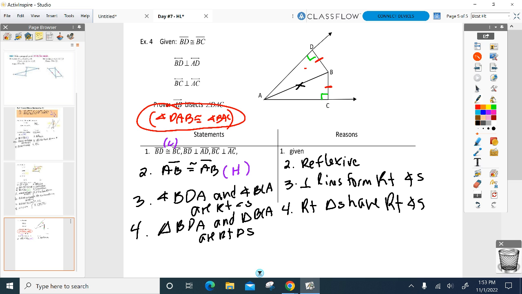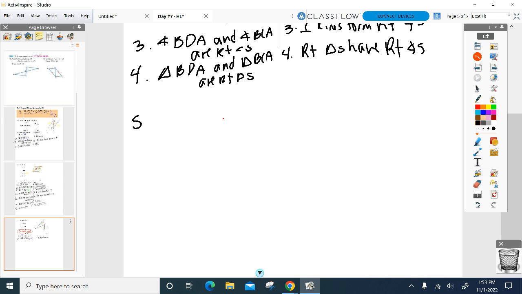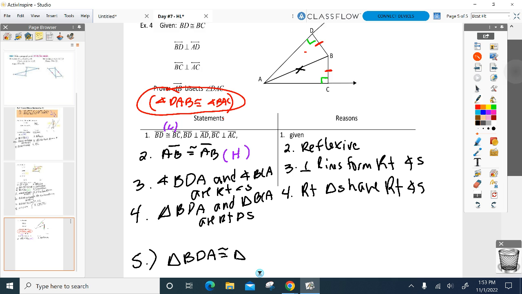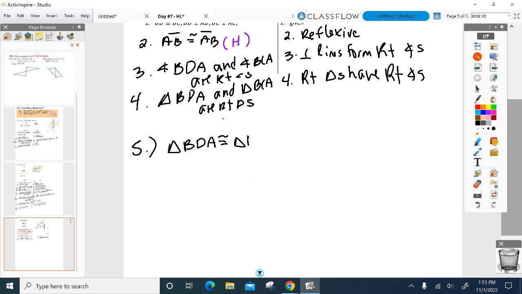Now you're ready. Now we can say, in the correct order, name the first one however you want, but the second one's got to match up. BDA congruent to BCA. HL.